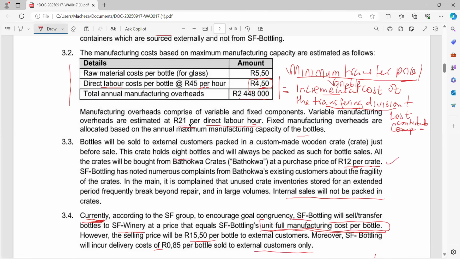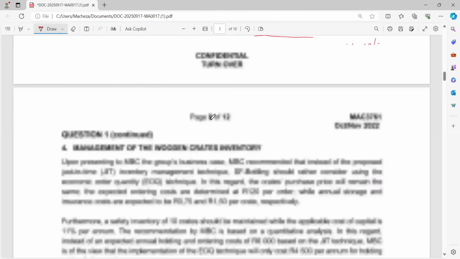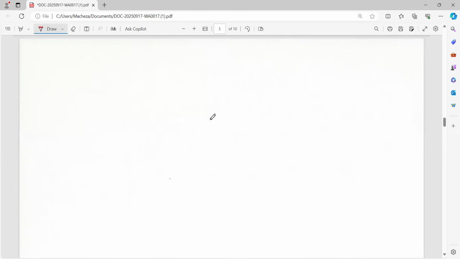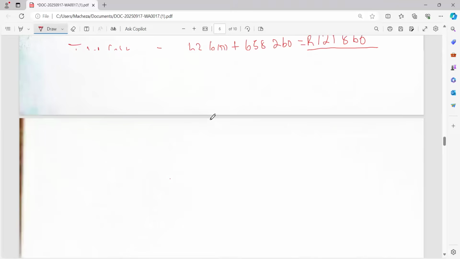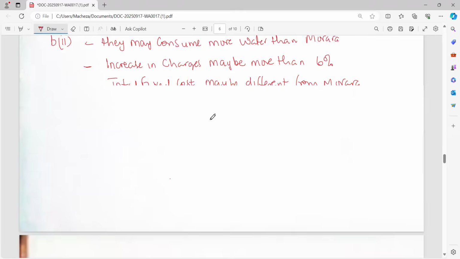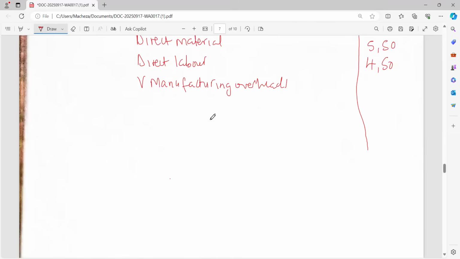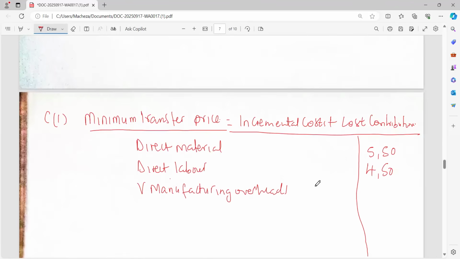That's how we get our variable manufacturing cost, because we want the hours first, then we multiply by the variable cost per hour. So R4.50 divided by 45 gives us the number of hours, and then times 21 Rand per hour.